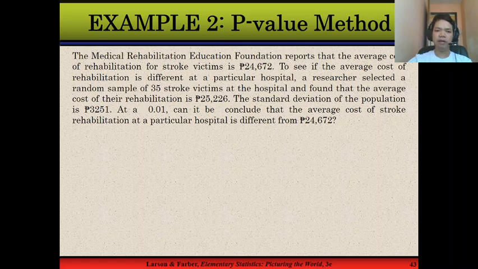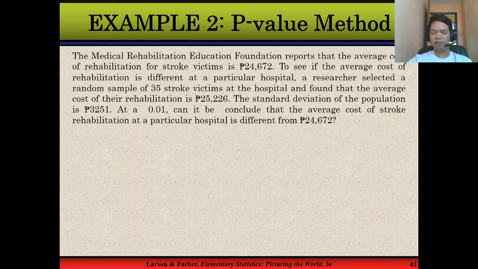The standard deviation of the population is 3,251. At 0.01, can it be concluded that the average cost of stroke rehab at a particular hospital is different from 24,672?